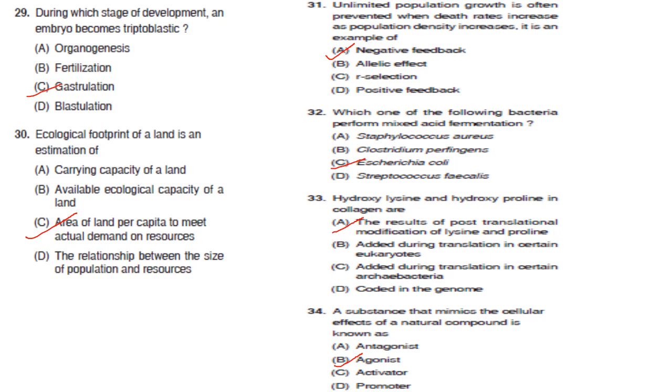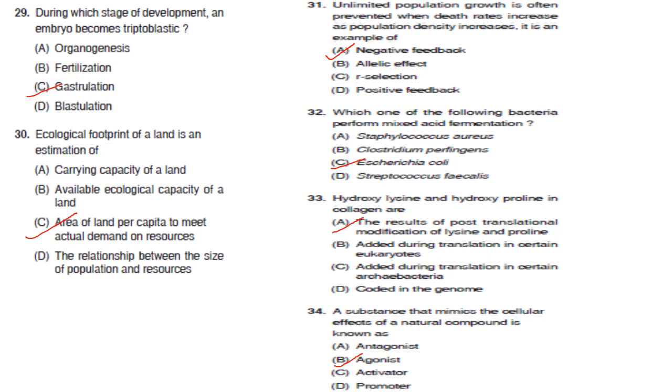That is in the case of positive feedback loop. With the negative feedback loop, an increase in the population reduces the food supply, and less food means more deaths and fewer births. So this is an example of negative feedback. Answer is option A.